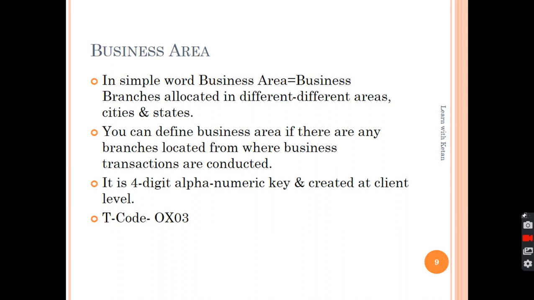So you have to create business area only once, and that will be applicable for all the three or four company codes. Then second point is you can define business area if there are any branches located from where business transactions are conducted. This point explains that you have to create business area for those branches that have business transactions.